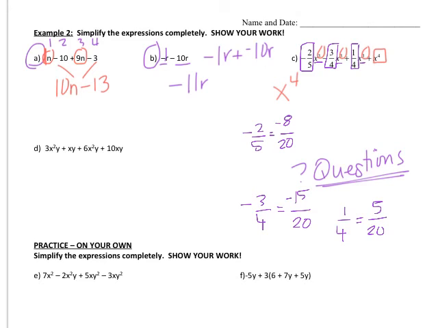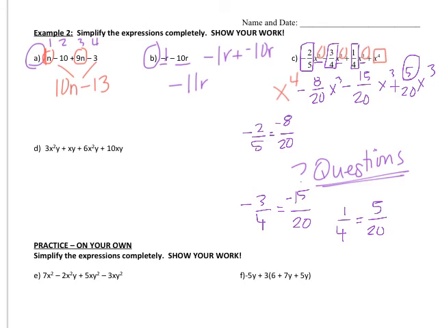So if I rewrite it, I have a coefficient of negative 8/20, x to the third. I also have negative 15/20, x to the third. And then I also have 5/20, x to the third. And then I get to combine them all. Well, it looks like I have two negative coefficients there, and then I end up with the positive 5 here.